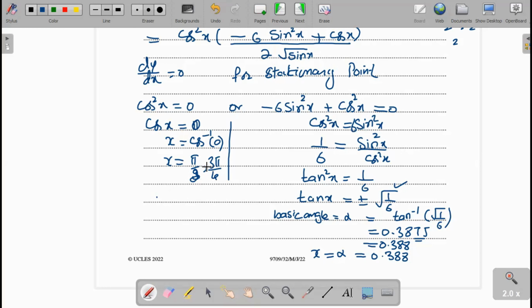But this value will not lie in the range of the angle given. The angle range is given 0 to less than pi over 2. Now therefore the only answer.